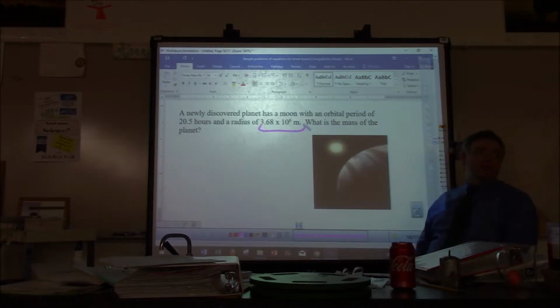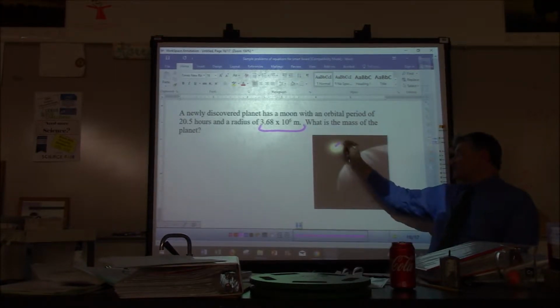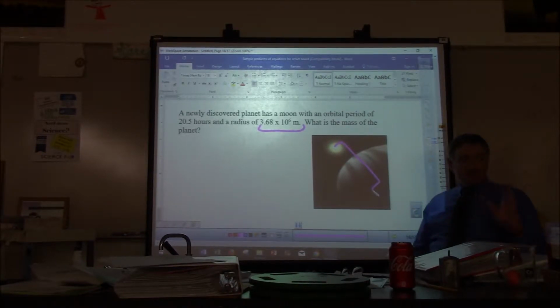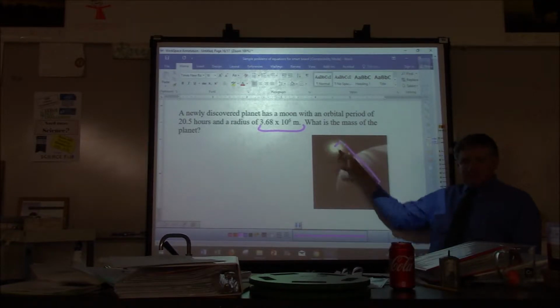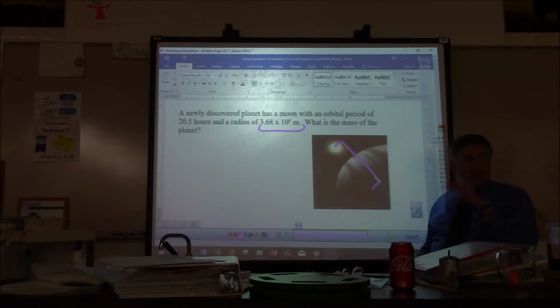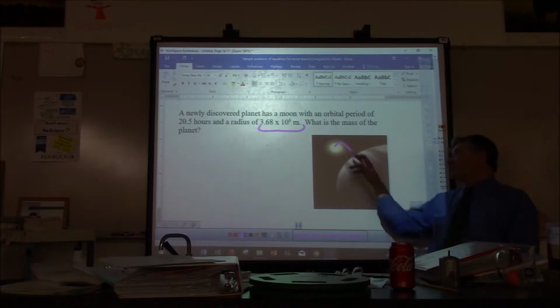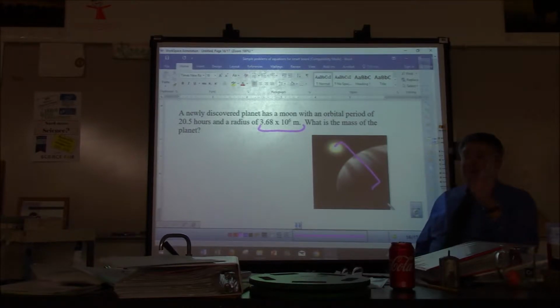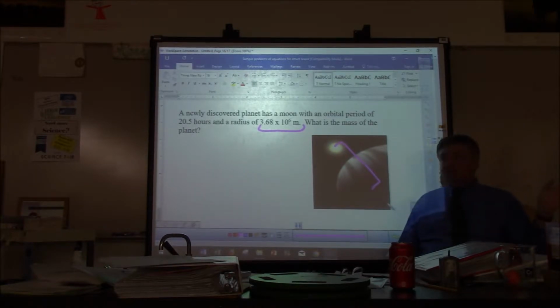Yeah, this is a center-to-center distance. Unless I specifically tell you that it's the distance above the surface, you assume it is the center-to-center distance. Like on that first problem, I told you it was 122 kilometers above the surface.